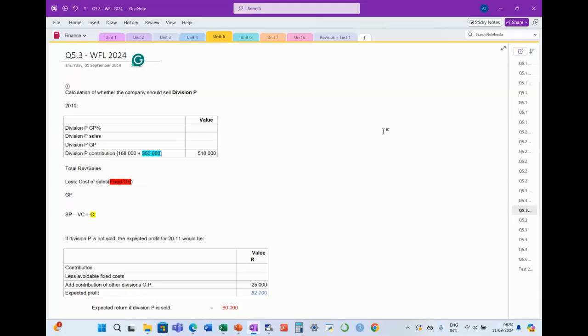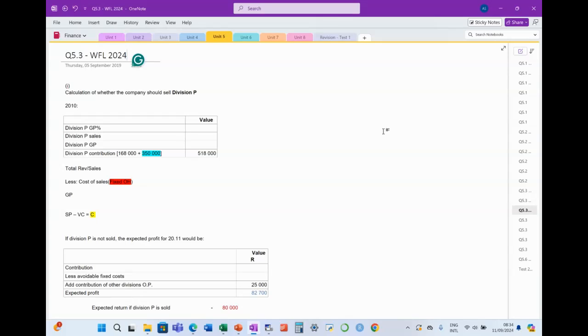Manufacturing fixed overheads of 350 are included in the cost of sales. Other non-manufacturing expenses of 180,000 are all fixed and include a general overhead allocation of 42,000, which are not affected by the discontinuation decision.